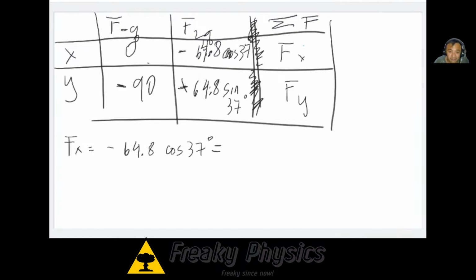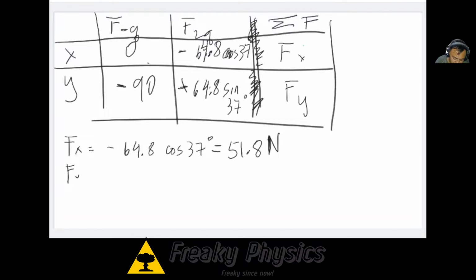So what's that going to give you? Let's calculate that. 64.8 times cosine of 37 is 51.8 newtons.